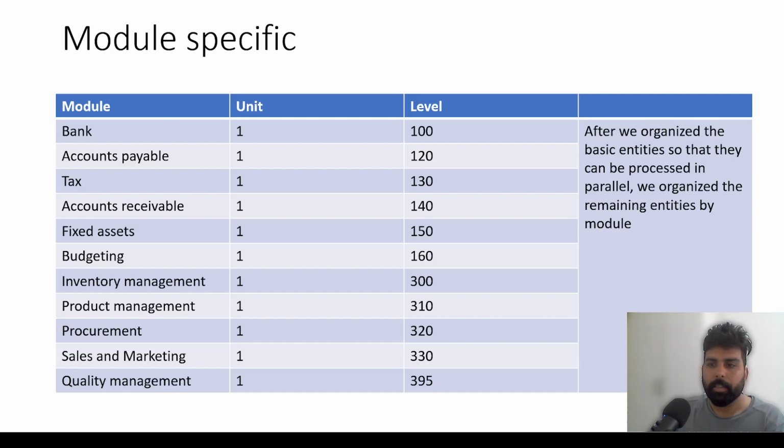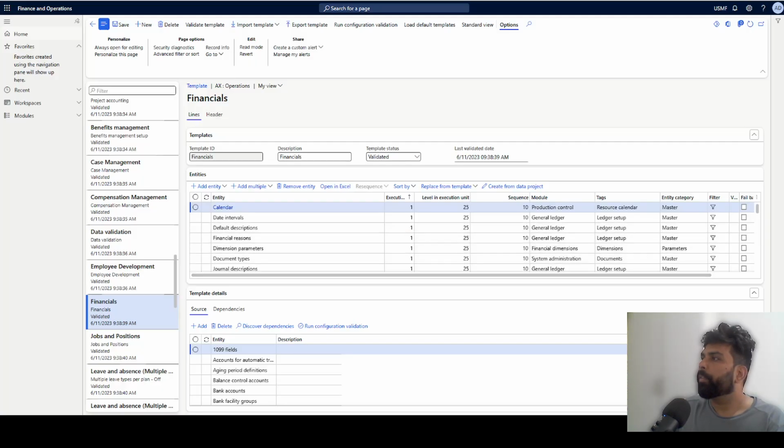Now let's go back to our Microsoft Dynamics screen and understand some standard templates which are available for us. If you observe, we have the default templates available for the modules, but Microsoft has also done another good job: area-wise they have configured the data templates.